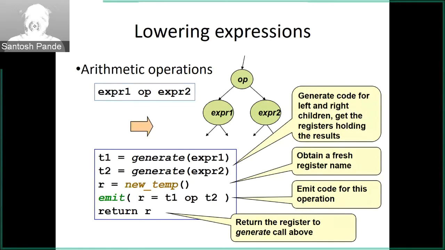This is actually something about the associativity of the operator, which is being implemented here in the code generation. You see that we are trying to evaluate expression 1 in T1, which is fine, and then we are evaluating expression 2. So we are going on the left subtree first, evaluating that.